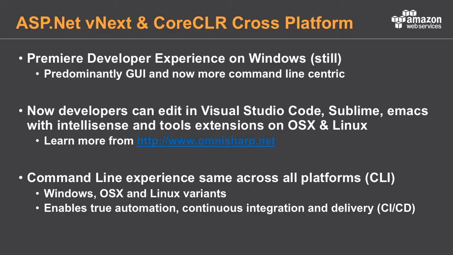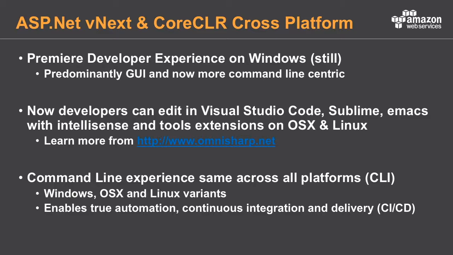Which now means that, with the release and moving towards ASP.NET Core and ASP.NET vNext, you can have a very similar experience to what you would have had on the Windows platform on a Linux or Mac OS experience. Developers can use tools like Visual Studio Code, which is very much a smaller version of the Visual Studio IDE, which runs on both Linux and the Mac.